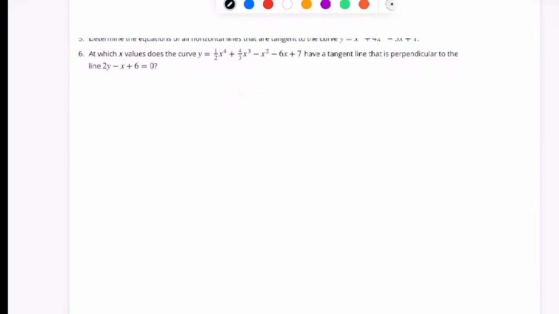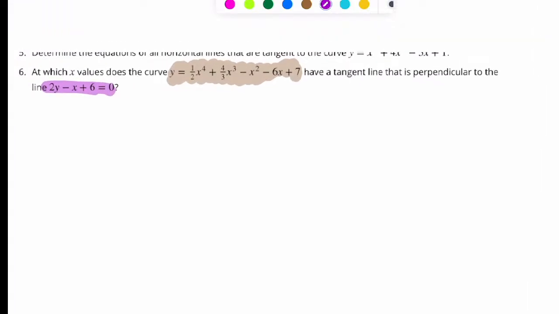So with this one here, sorry guys, they want the tangent perpendicular.